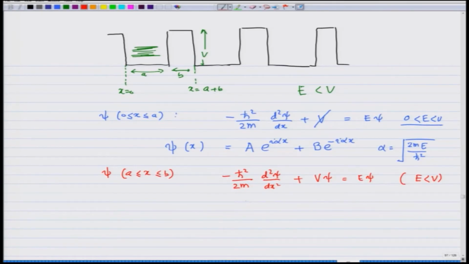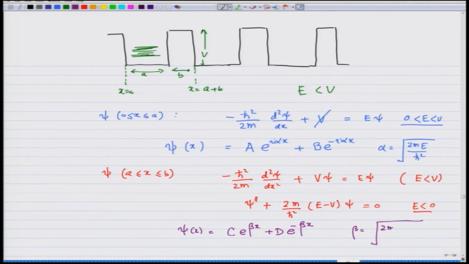So, I can write this as psi double prime plus 2m over h cross square E minus V psi equals 0, and since E is less than V, I get the solution psi x equals some C e raised to beta x plus D e raised to minus beta x, where beta is square root of 2m V minus E over h cross square. So, keep this in mind that alpha and beta are given like this.